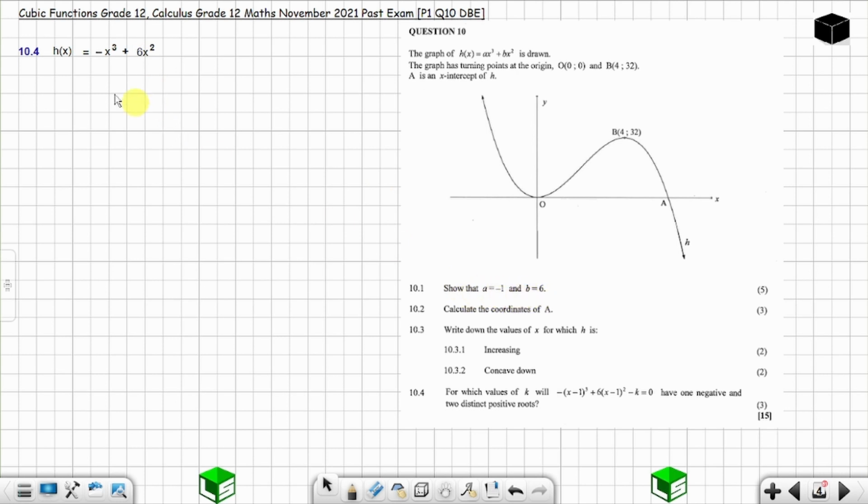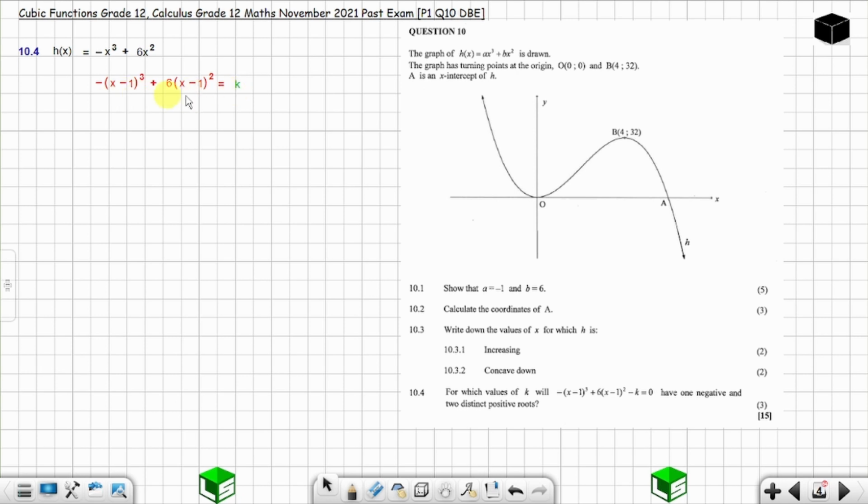So this is h of x, this graph, and you have this other graph. This is what you are given. You take negative k to the right, so now you have a positive k.